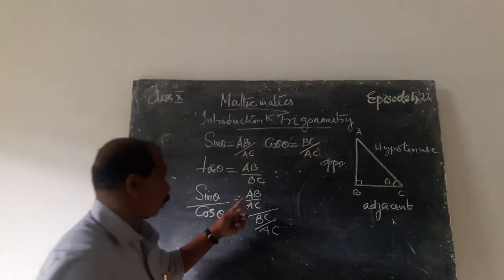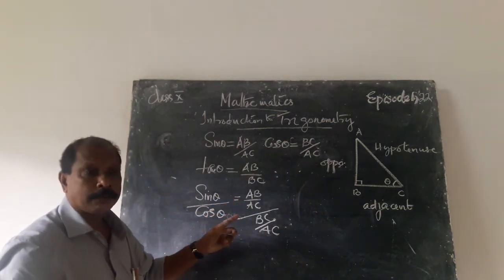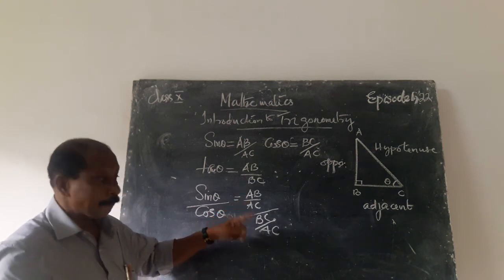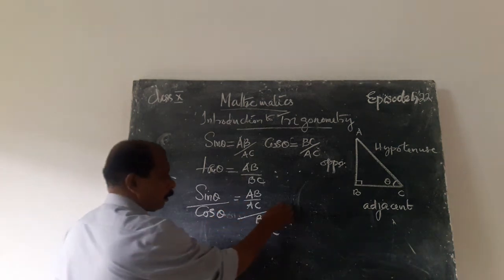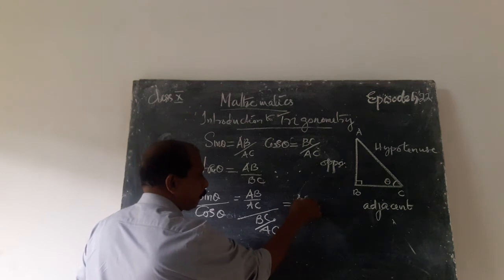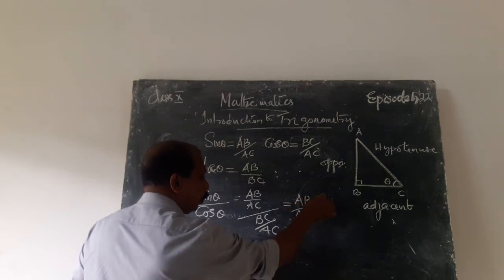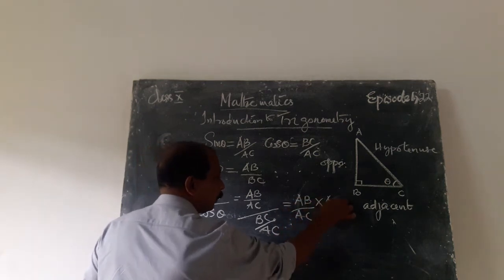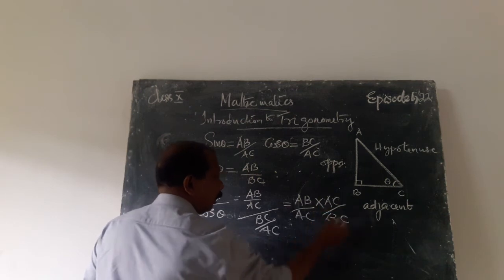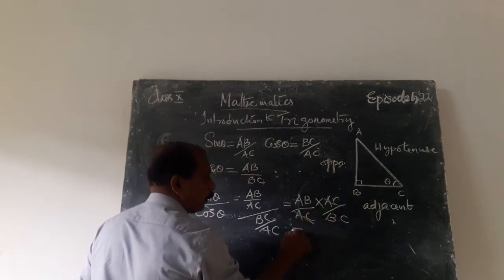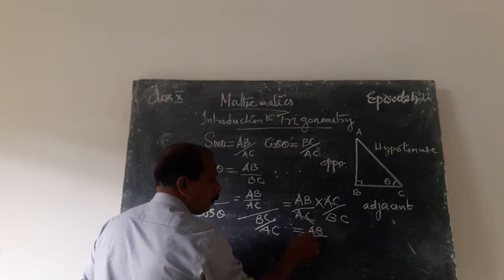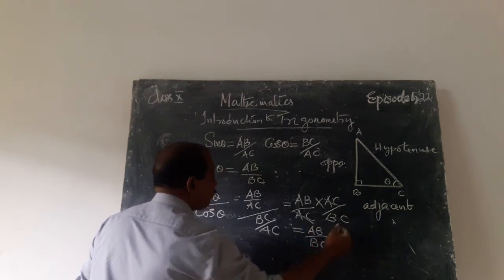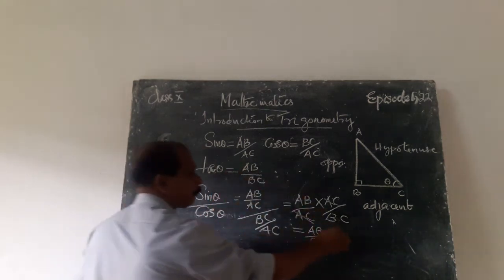Then there are two fractions we can divide. Therefore, multiply the numerator with the reciprocal of the denominator. That is equal to AB by AC, and in the cross multiplication, AC by BC. Therefore, AC cancels. We get what? AB by BC. What is AB by BC? Tan theta.